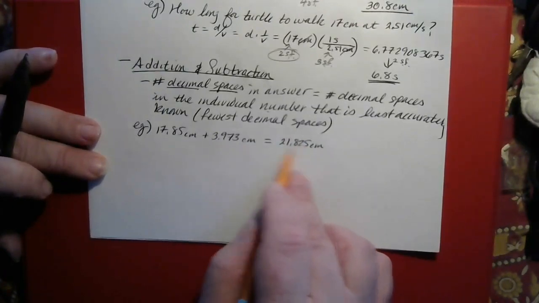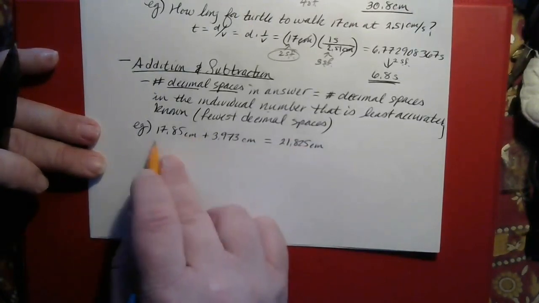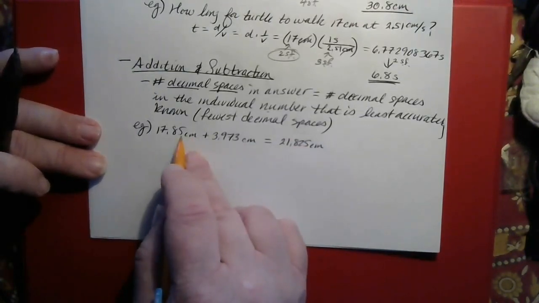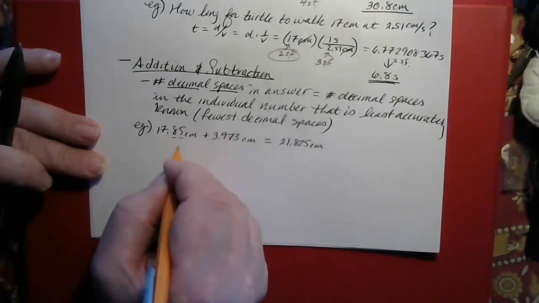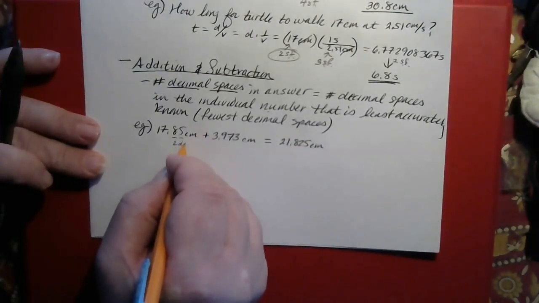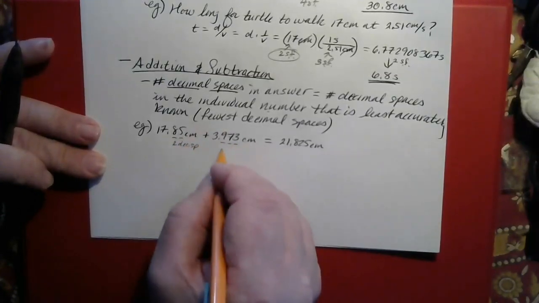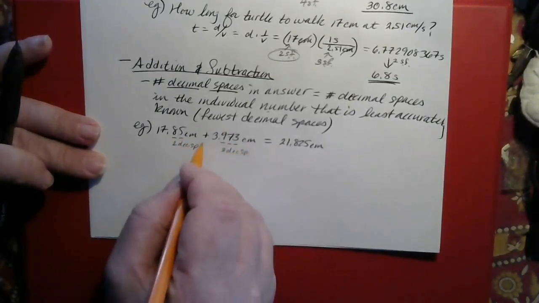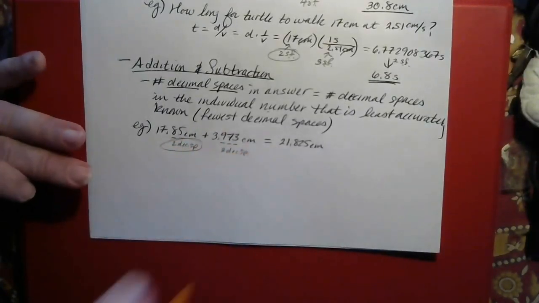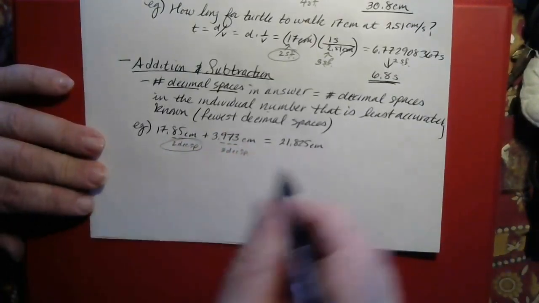It's implying that you know this number to the nearest thousandth of a centimeter, whereas you only knew this number to the nearest hundredth of a centimeter. So that's a problem. So this has 2 decimal spaces, and this has 3 decimal spaces, and we go with the less accurate number. So the answer should have 2 decimal spaces.